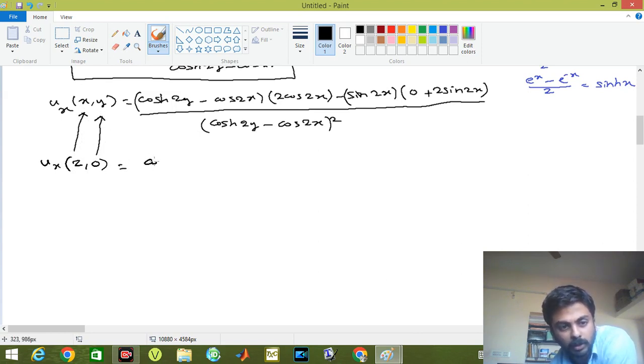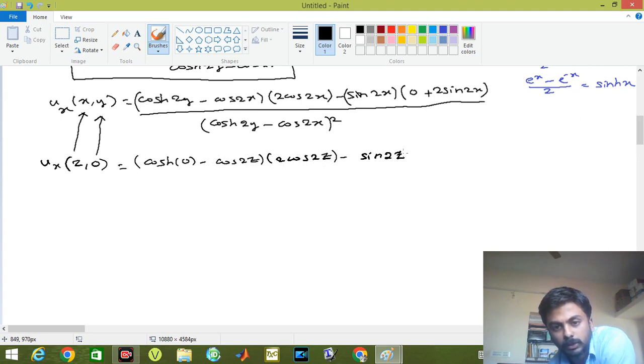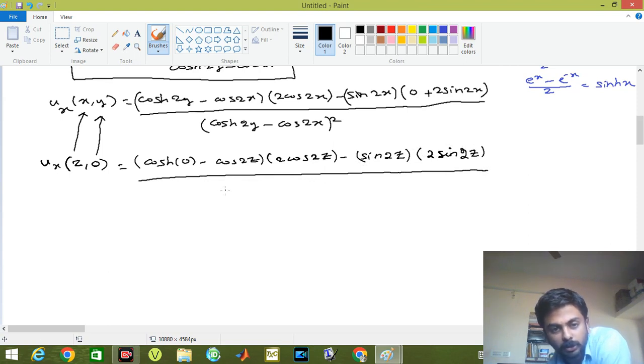So we will get cosh of 0 minus cos 2z into 2 cos 2z minus sin 2z into 2 sin 2z, divided by cosh of 0 minus cos 2z the whole square.